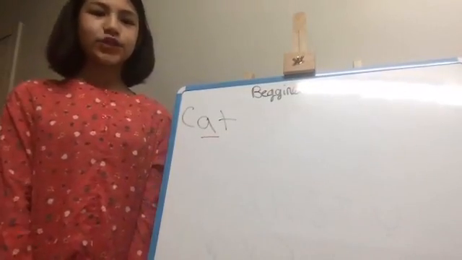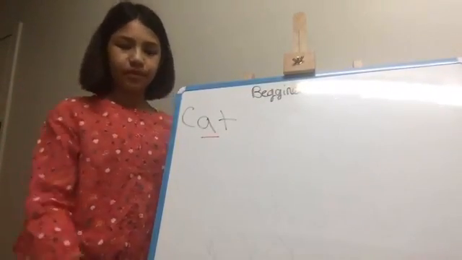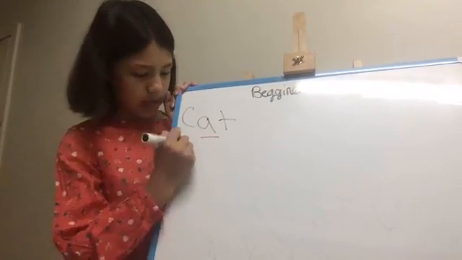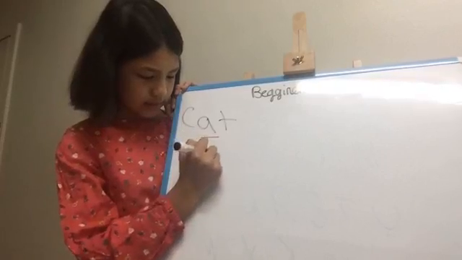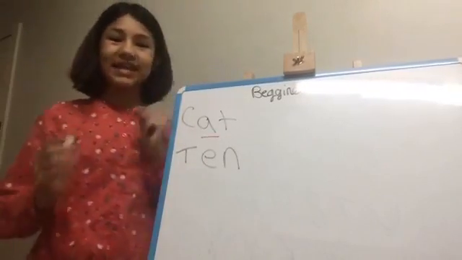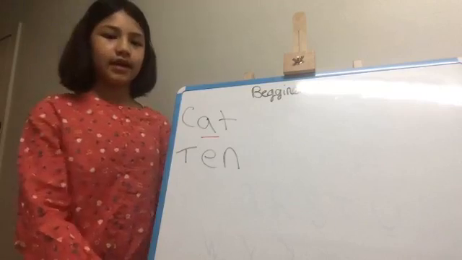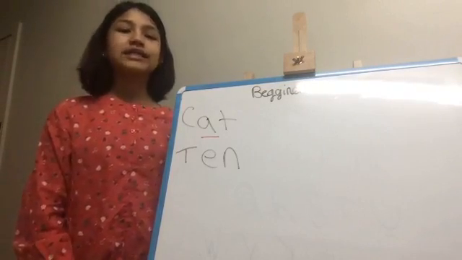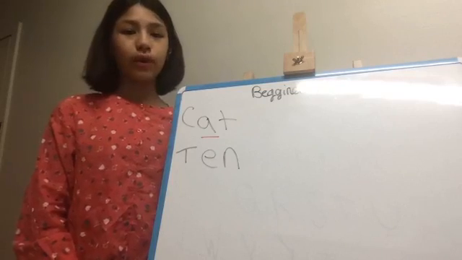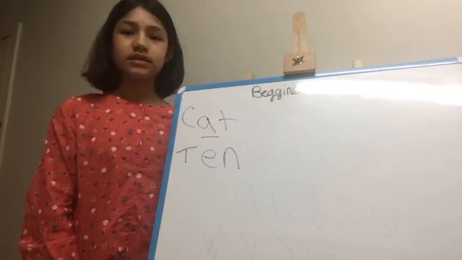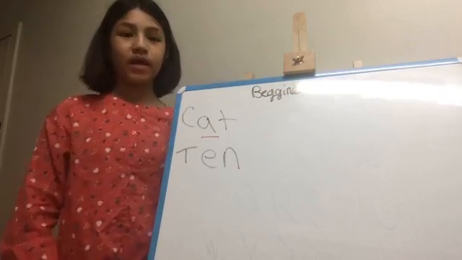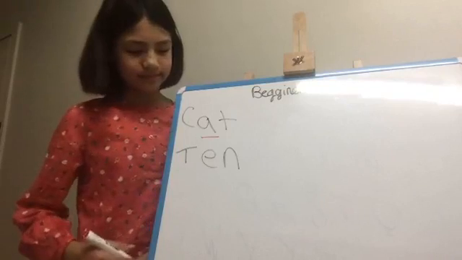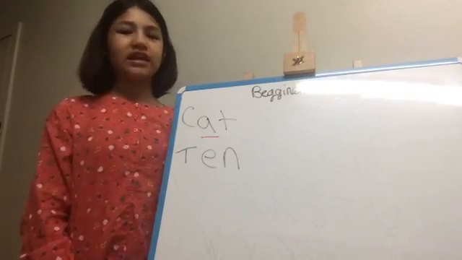Okay, let's try a different example. Another example is ten. There are also 3 letters in the word ten. It's also a number, a letter that says a number. Can you spot the vowel?